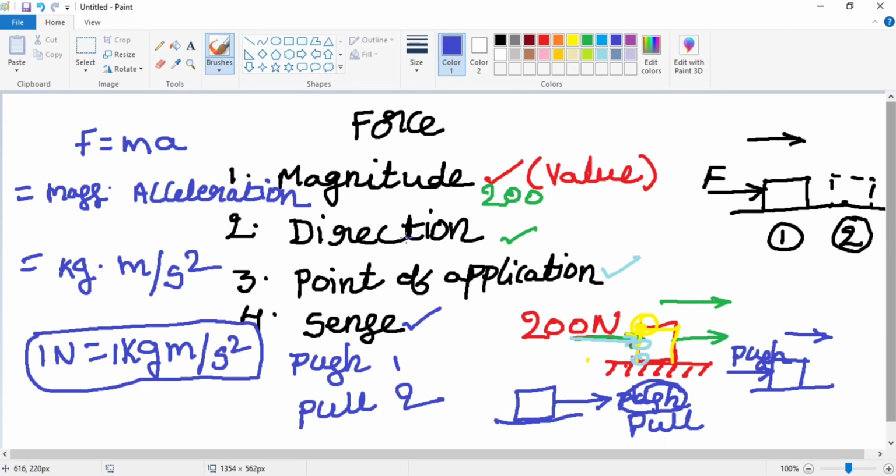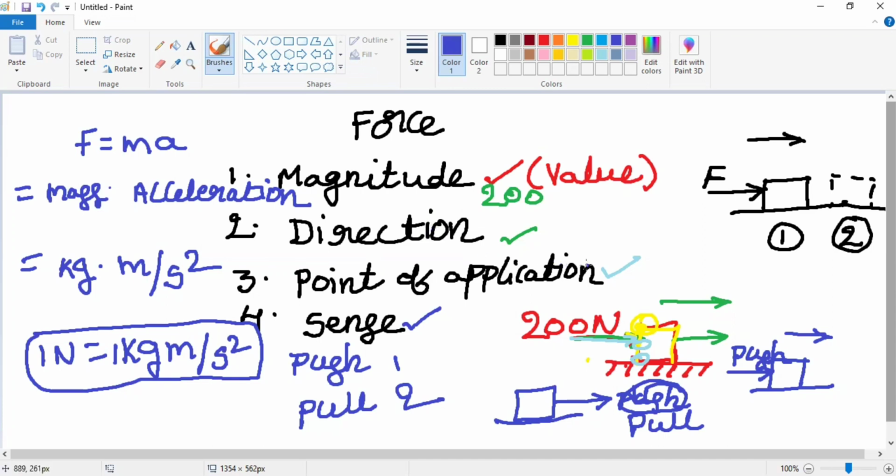They may ask, from the following options, which one is not a characteristic of a force. So you have to remember the characteristics of force are magnitude, direction, point of application and sense. Magnitude is the value. Direction means if you want to move the body in any direction, you apply the force based on that direction.